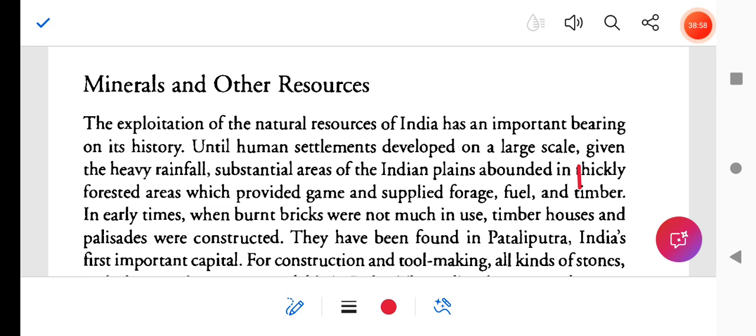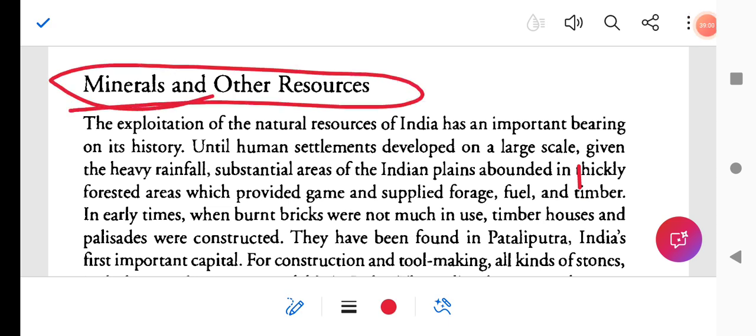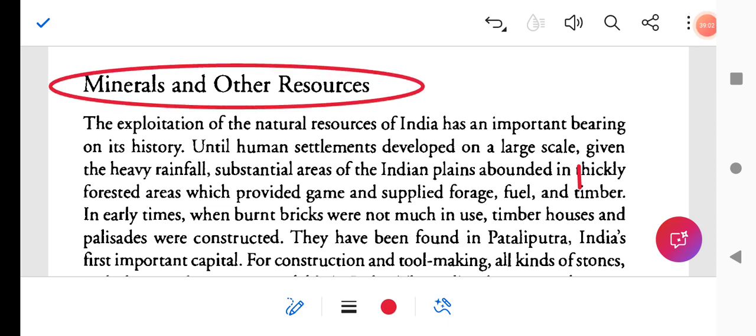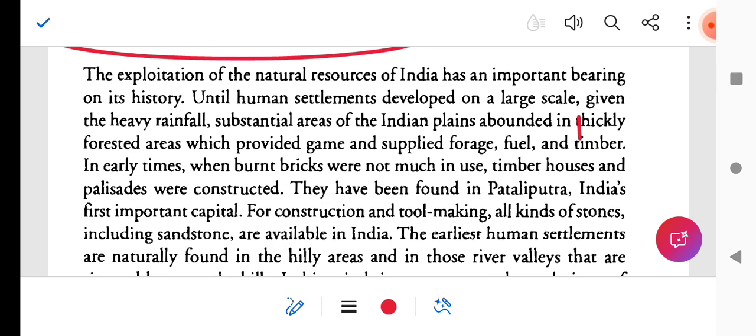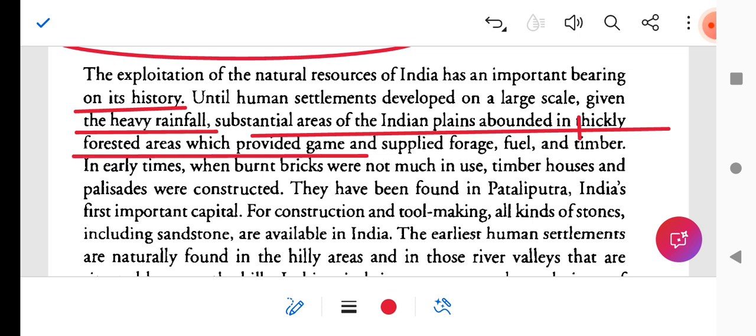Next are minerals and other resources available in various parts of the country. The exploration of the natural resources of India has an important bearing on its history. Until human settlements developed on a large scale, given the heavy rainfall, substantial areas of Indian plains abounded in thickly forested areas which provided game and supplied forage, fuel, and timber.